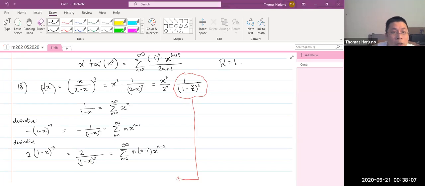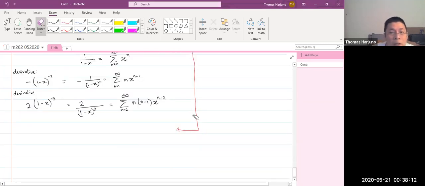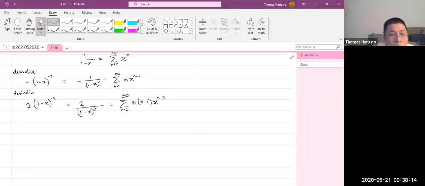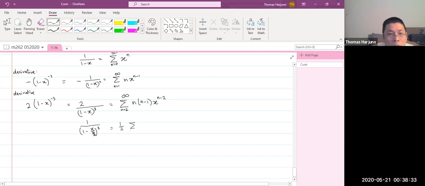So 1 over (1 minus x) cubed, I divide by 2, not over 3, over 2 cubed. I will divide the whole equation by 2, and replace x by x over 2.